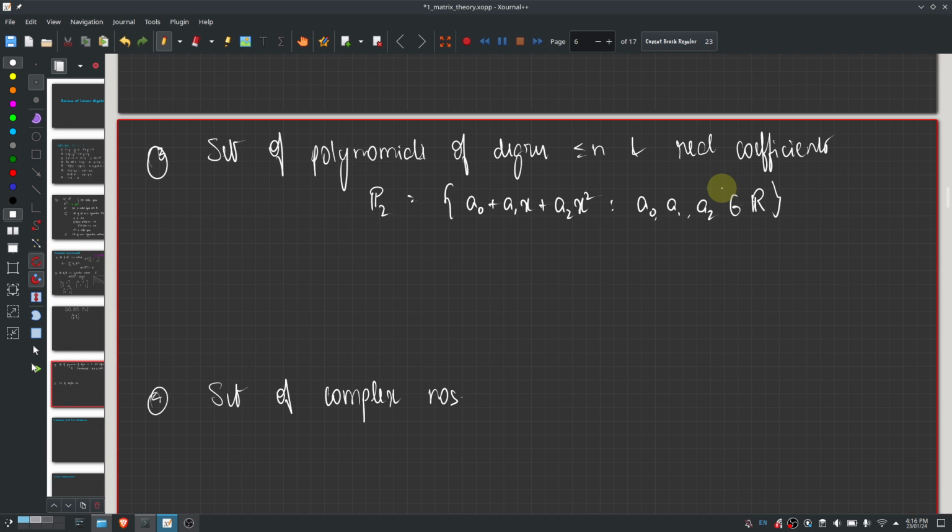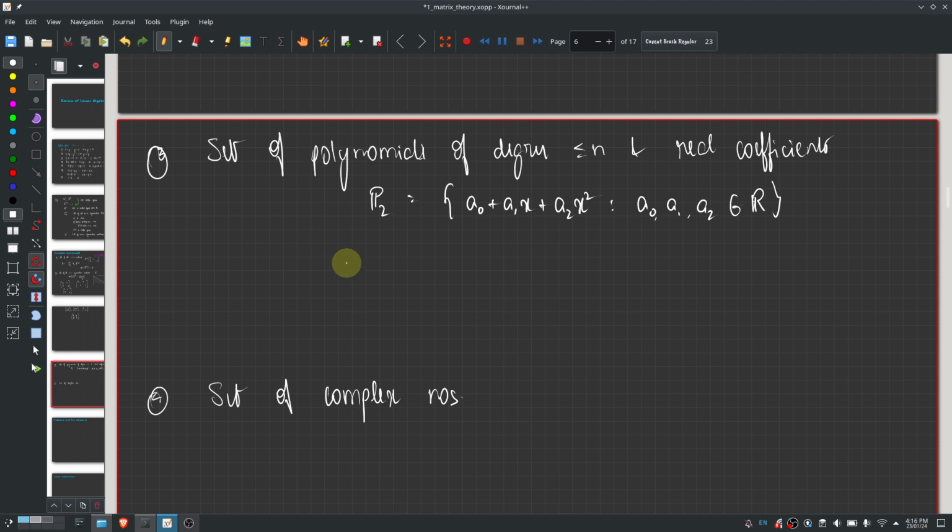What else? What would be the zero vector? Set all coefficients to be equal to 0, so that's the zero polynomial. What is the degree of this particular polynomial? The degree is equal to 0, it's still less than or equal to n. Okay, so that's still fine. What other properties do we need to check? Distributivity. Is that satisfied?